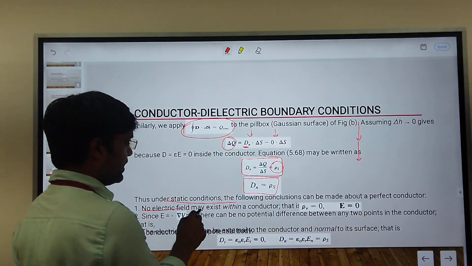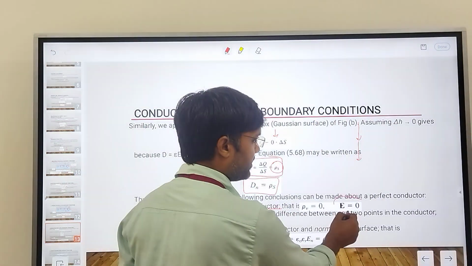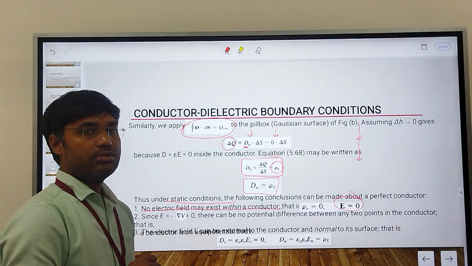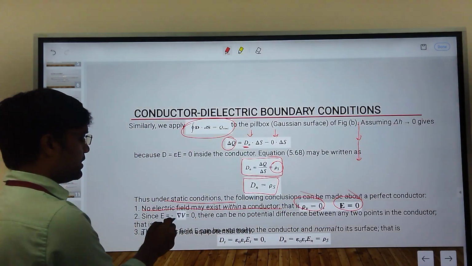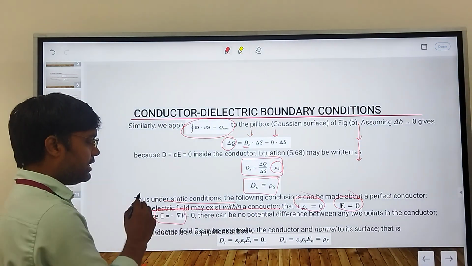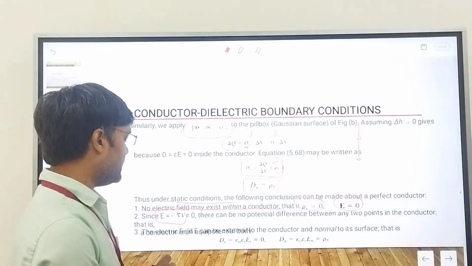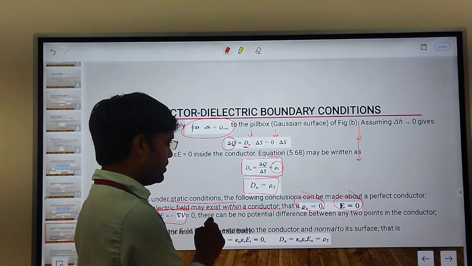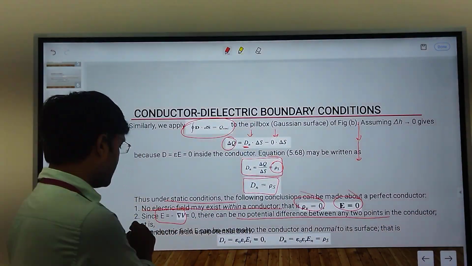In static conditions, no electric field may exist within a perfect conductor. That means that in a perfect conductor, E would be 0, so the volume charge density rho_v would also be 0. Since there is a relation between E and V, E equals minus del V equals 0, so there can be no potential difference between any two points in the conductor.